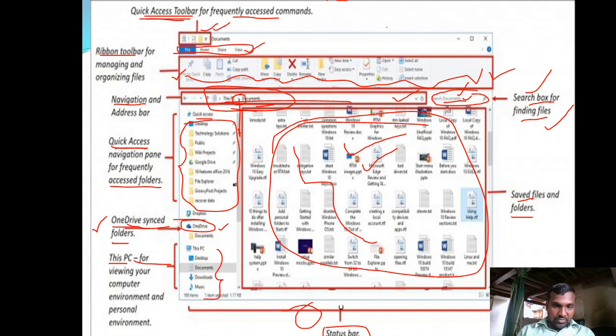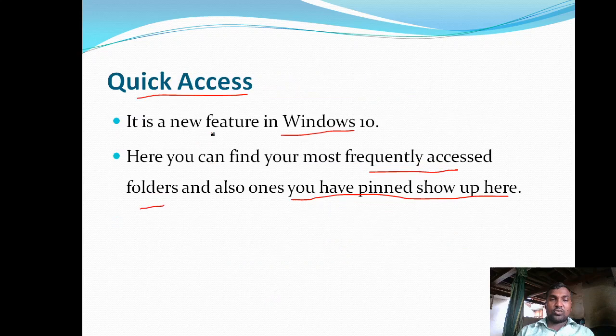These are the different folders which are most frequently used, and if the user wants to display any folder in this quick access pane, then he can pin those folders here. Those pinned folders as well as the most frequently used folders are all displayed in the quick access panel.